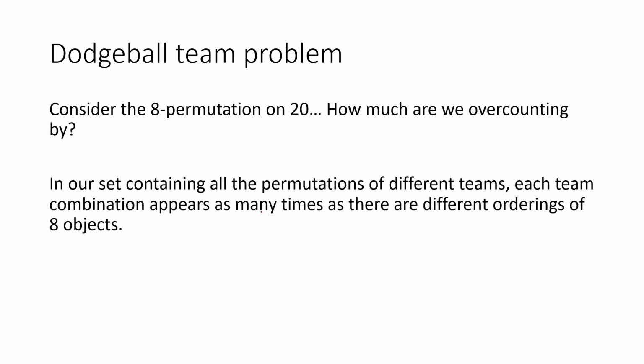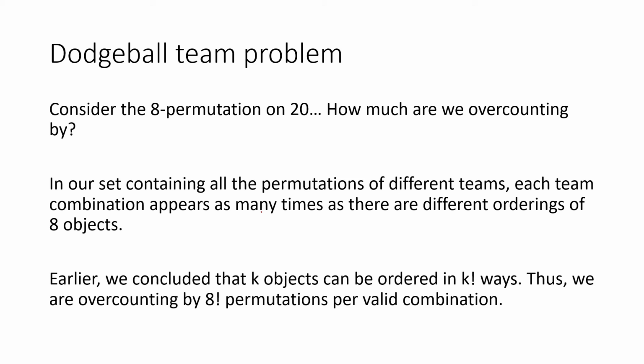In our set containing all the permutations of different teams, each team combination appears as many times as there are different orderings of 8 objects. Earlier we concluded that k objects can be ordered in k factorial ways. Thus, we are overcounting by 8 factorial permutations per valid combination.